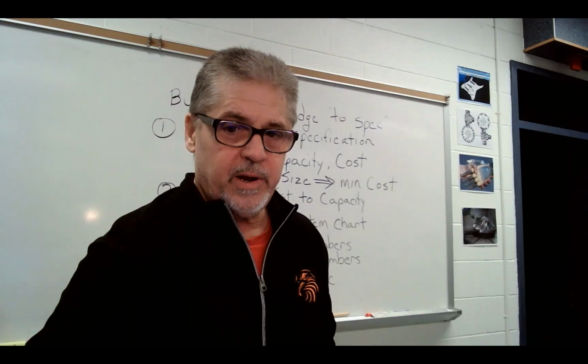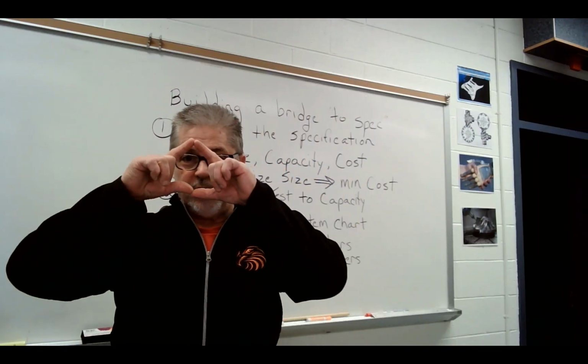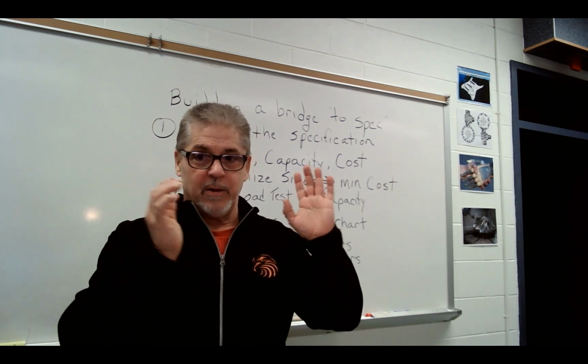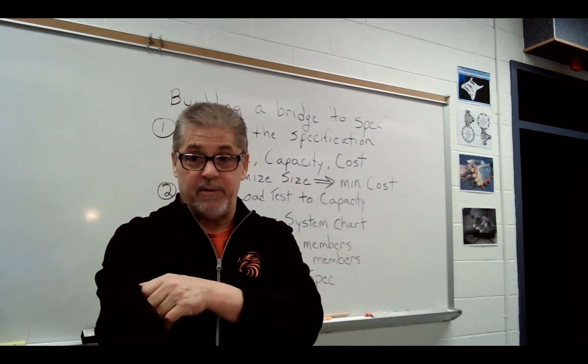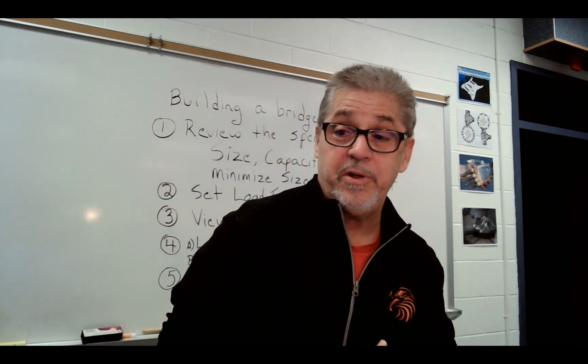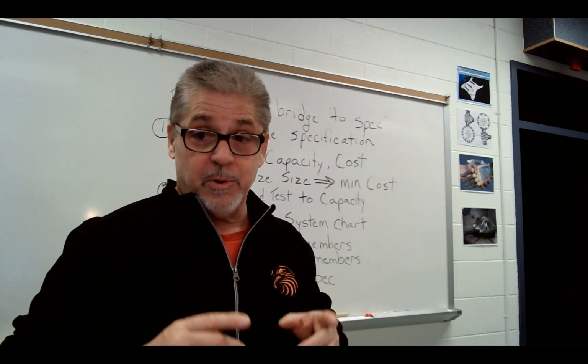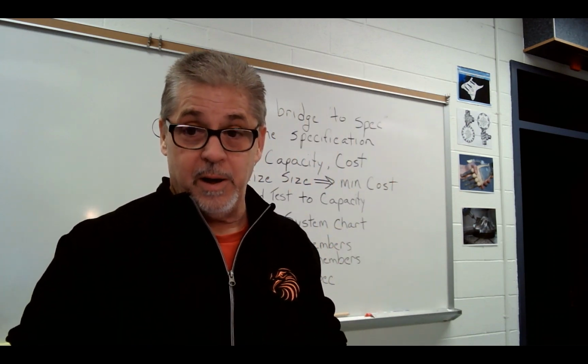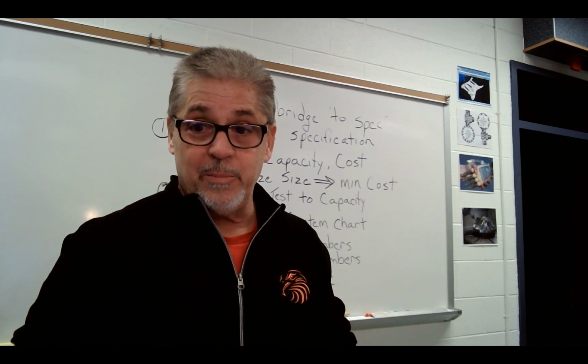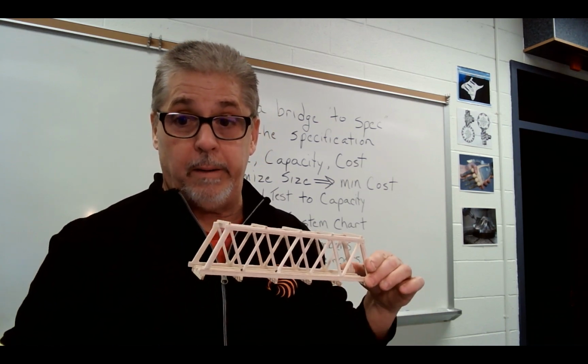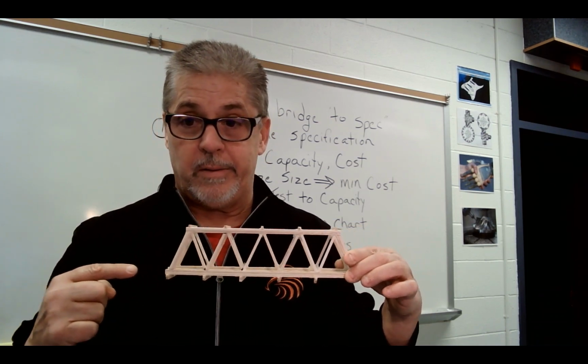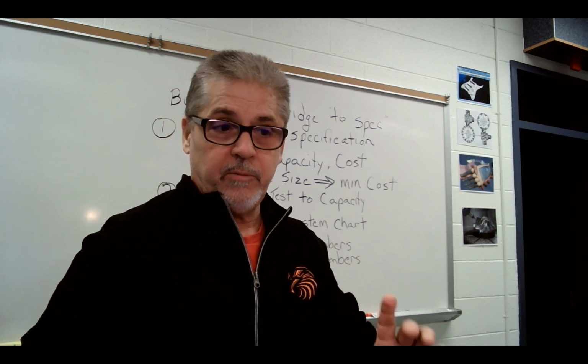The strongest geometric shape is the triangle. Go review those styles, and then you tell me which is the optimum design to use in your bridge design. I can give you a hint. It kind of looks like this, okay? That's just quick.